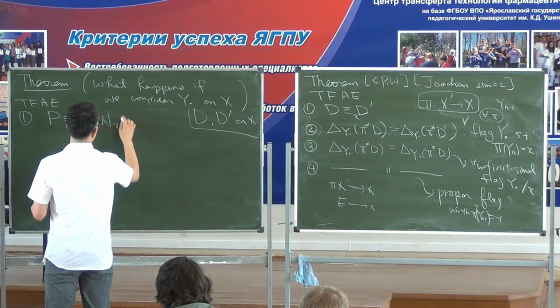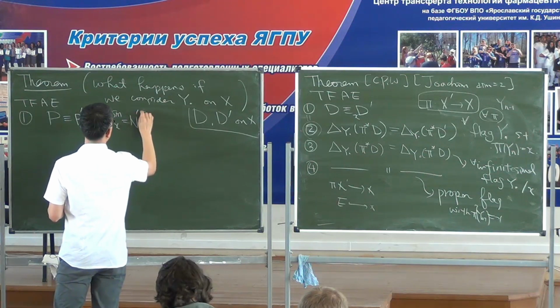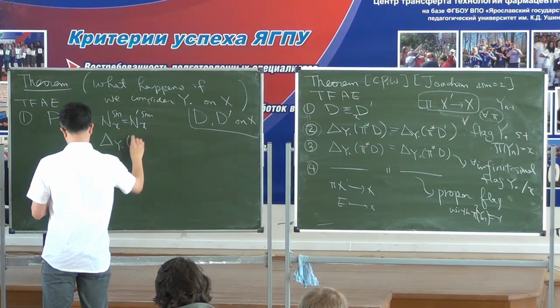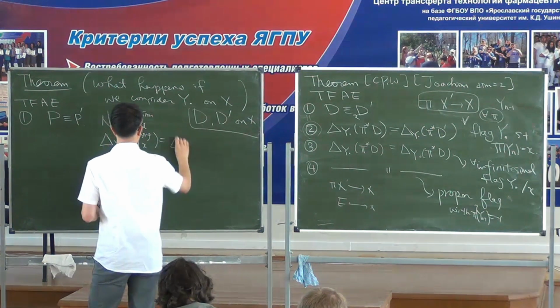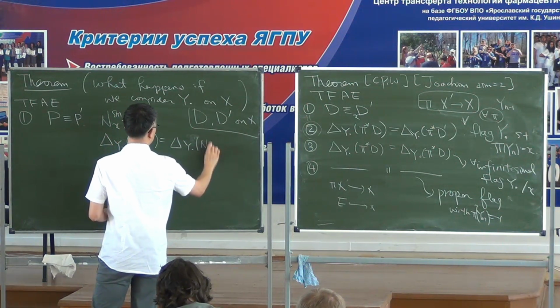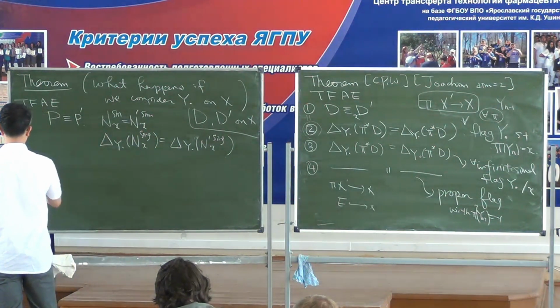X smooth, and X prime smooth, and X singular. So I will explain what this is. Two.